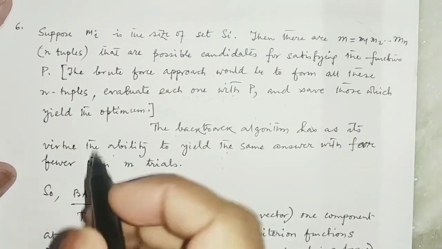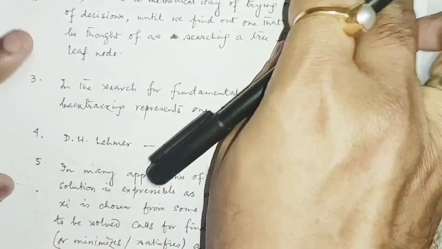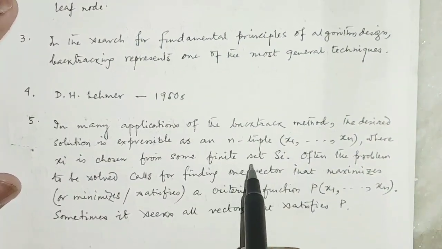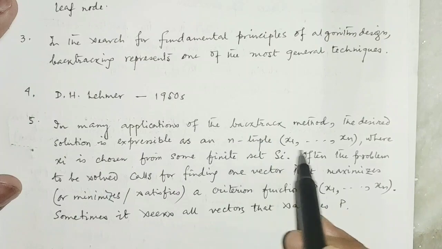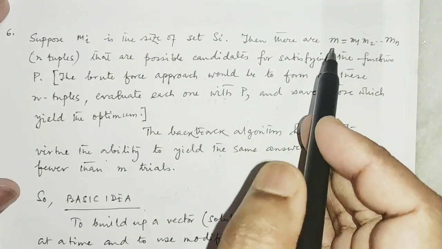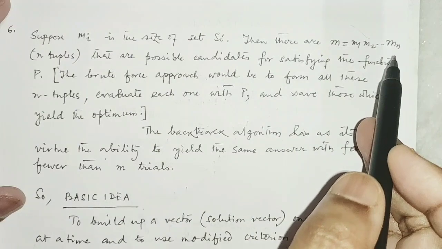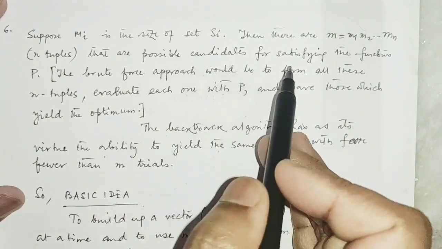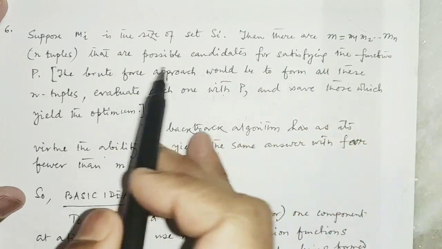So let us go for an example that would make you very clear. Suppose mi is the size of the set Si, the finite set from where xi should be chosen, and xi is a part of the tuple, where the tuple is of length n. Then there are m1, m2, up to mn, that means a total of m1 times m2 times up to mn tuples that are possible candidates for satisfying the function P. I told you about the criteria.